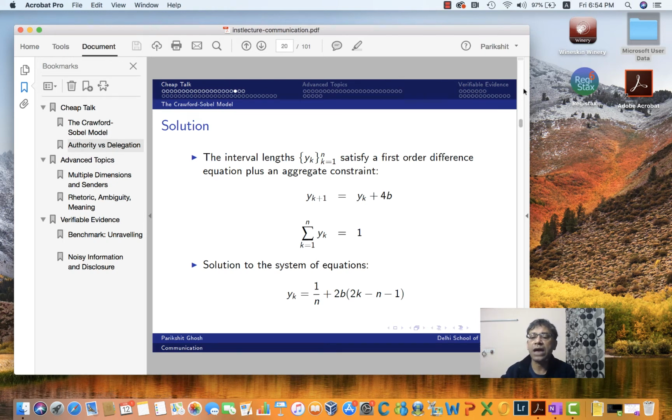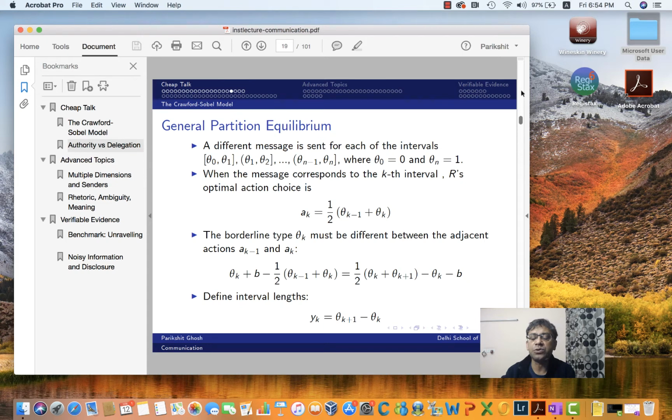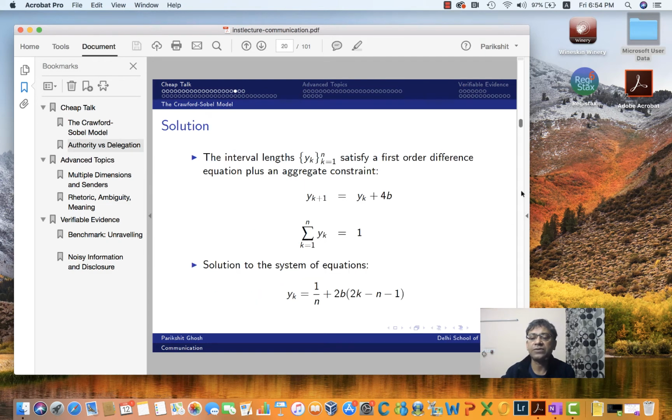I'm not going to show you the algebra. I'll leave it to you to check that. It's very easy. You just do a little bit of manipulation and you go from this equation in terms of thetas to this equation in terms of y's. And now, as you can see, we have a very simple first order difference equation, which basically says that each interval should be bigger than the interval to its left by the amount 4b, 4 times the bias.